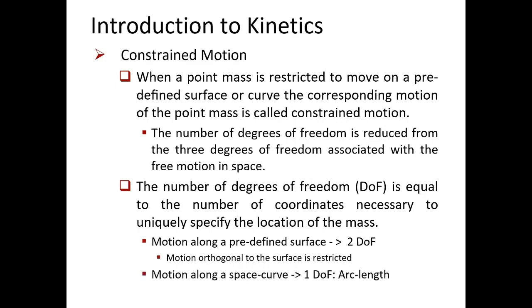And if it is an object which is moving along a curve, the variable that may be needed to define the path will be s, the path traced by the object on the curve. So in that case, it will be a 1 degree of freedom system.